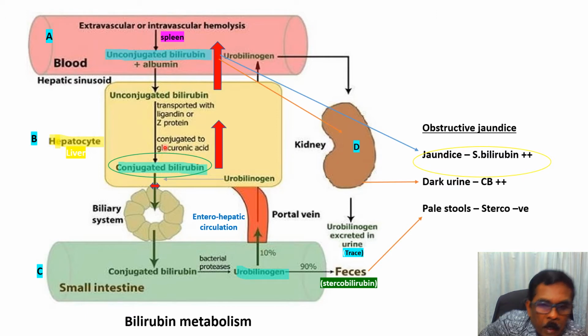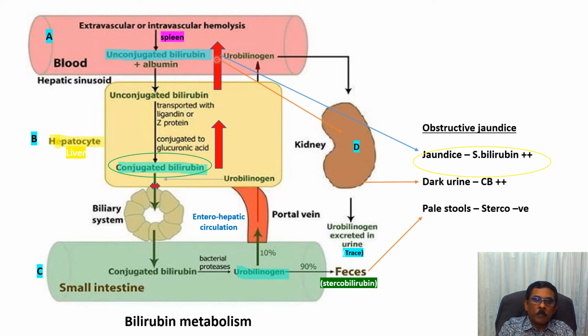This high concentration of conjugated bilirubin diffuses back into the circulation, where most of it reaches every part of the body and stains the tissues, especially the conjunctiva, oral mucosa, as well as the skin. And in the skin, it produces the yellow discoloration which we call jaundice.